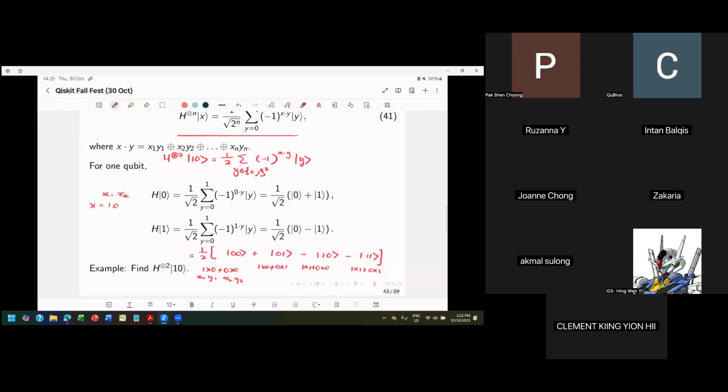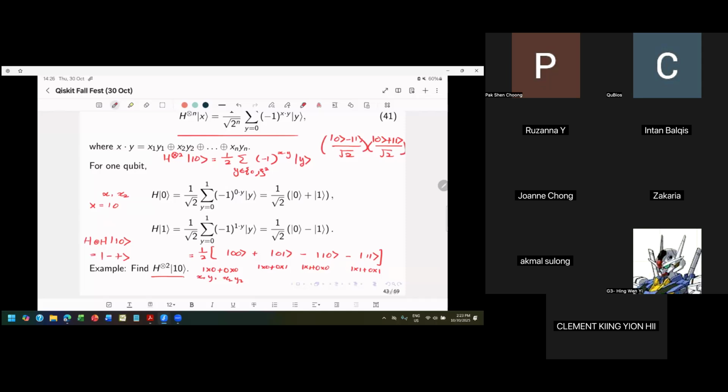So you can verify this because this is not a very difficult multiplication. Essentially, you know that H tensor H, when you act on 1, 0, gives you minus plus, right? So minus plus is 0 minus 1 divided by square root 2, 0 plus 1 divided by square root 2.